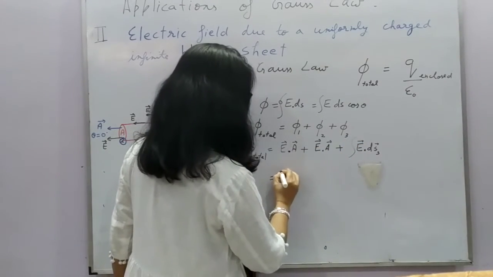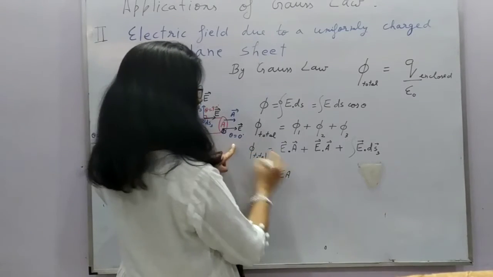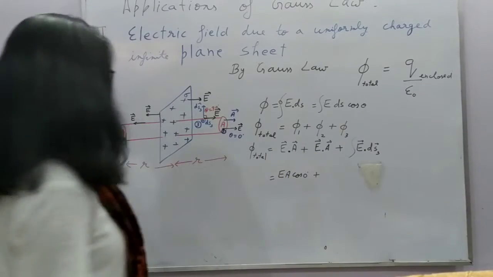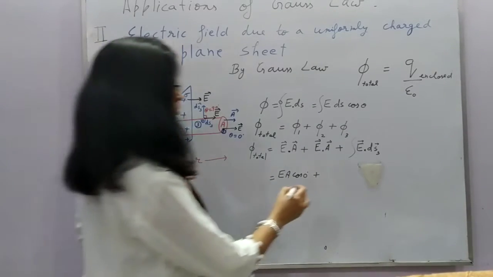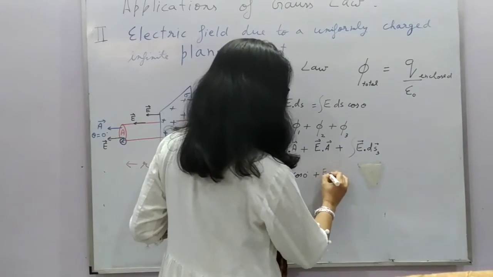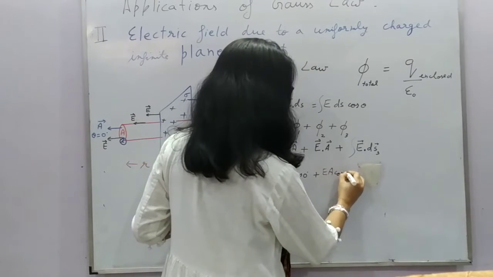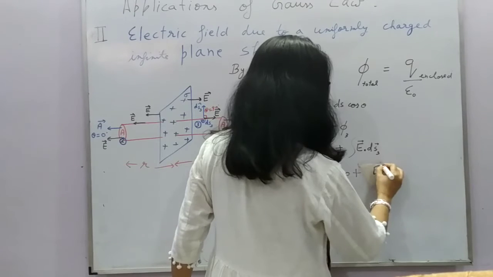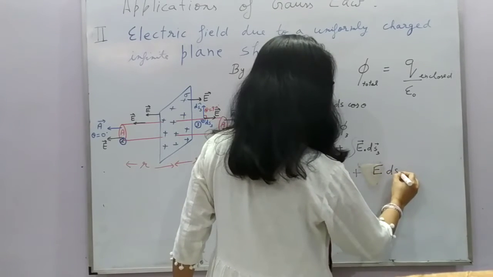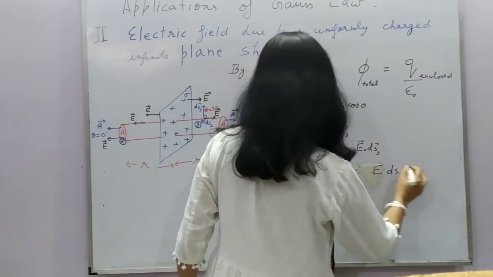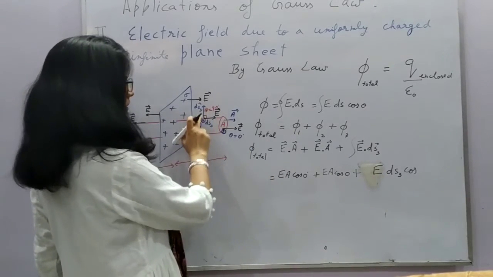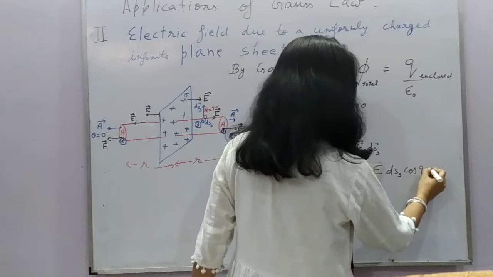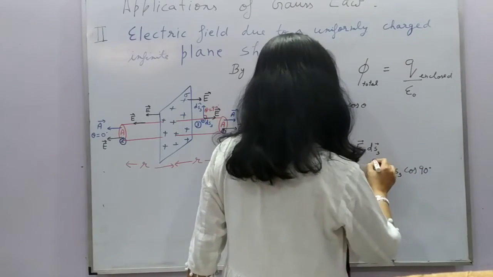This makes it EA, look at the angle, cos of 0 degree, plus for the second surface, check, theta is 0. So this is again EA cos 0, plus, what is this? E ds3 cos of how much? This is 90 degree. So cos of 90 degree and integrate.